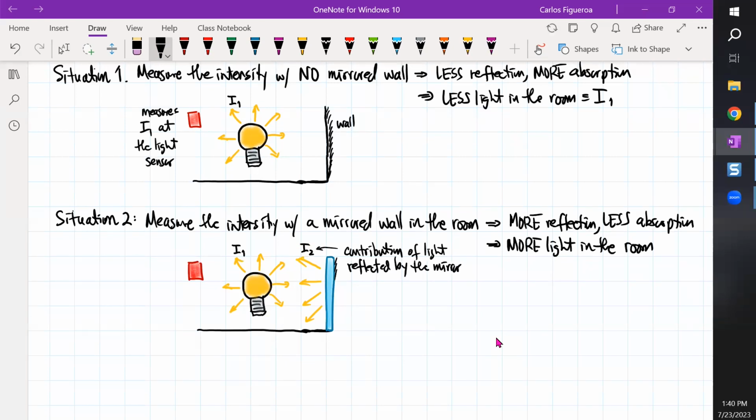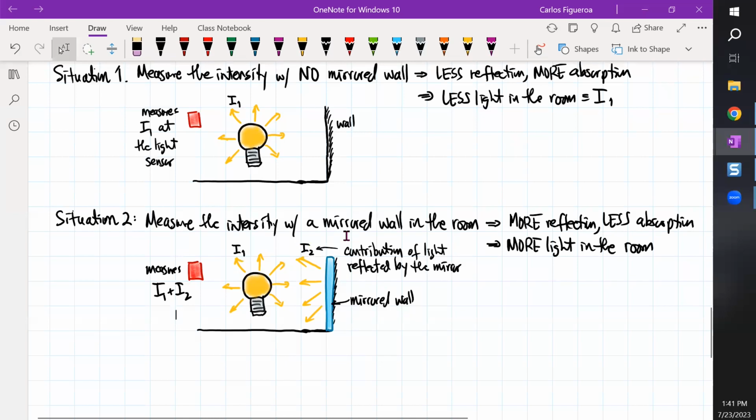This is my mirrored wall. So at the light sensor, this intensity now measures I1 plus I2. So you see that there is more light in the room because there are two sources contributing here.